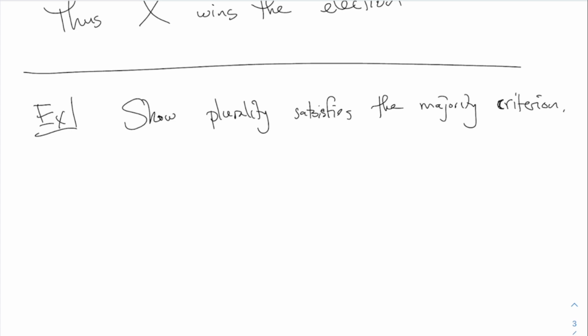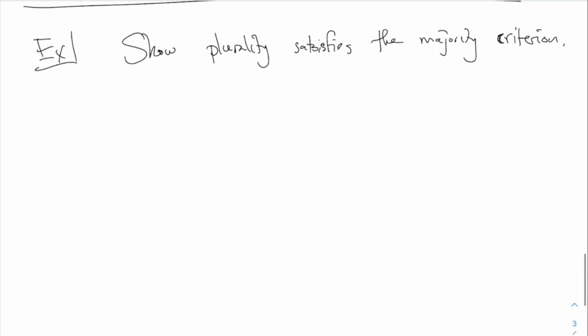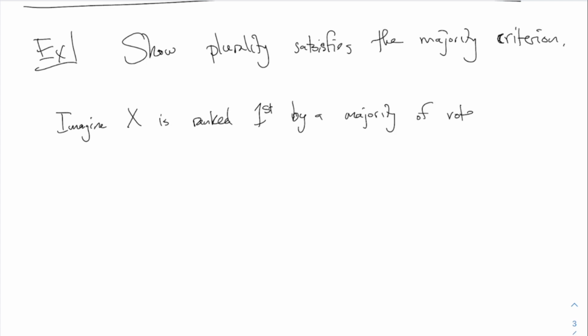Everything you do is written in ordinary sentences. You have to say something like, imagine that X is ranked first by a majority of voters. This is really a fill in the blanks. Then you say something in the middle, and then you conclude by saying, thus X wins the election using plurality.